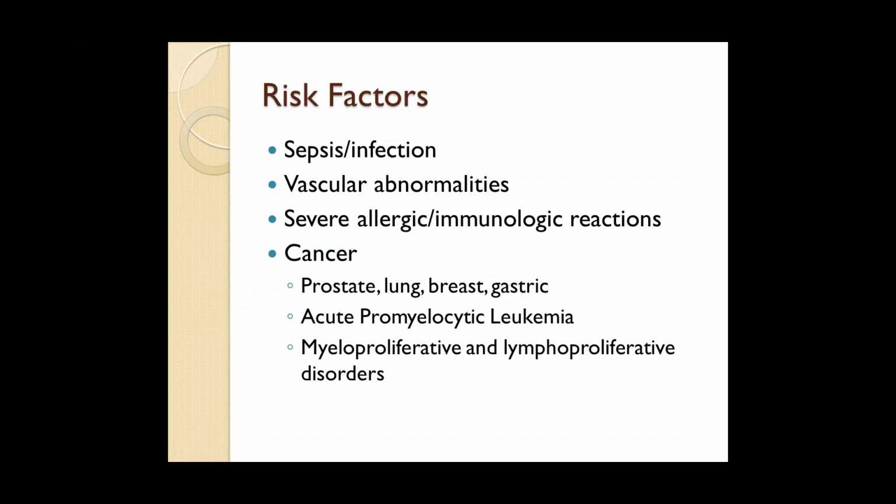Those cancers that are most often associated with DIC include cancers of the prostate, lung, breast, and stomach. DIC is also commonly associated with acute promyelocytic leukemia. DIC can sometimes be the presenting abnormality in patients diagnosed with APL. Patients with underlying myeloproliferative and lymphoproliferative disorders are also at higher risk for developing DIC.